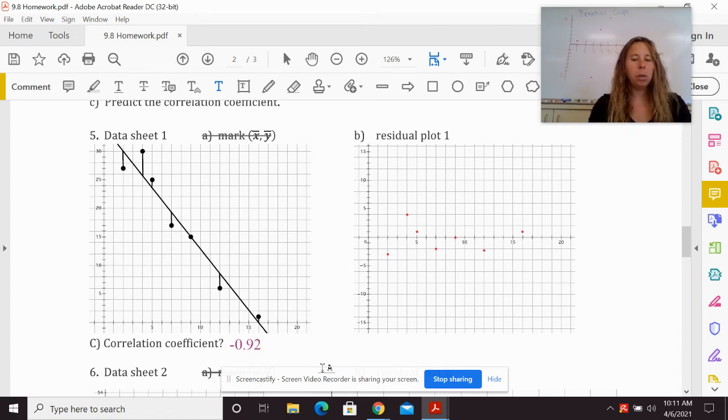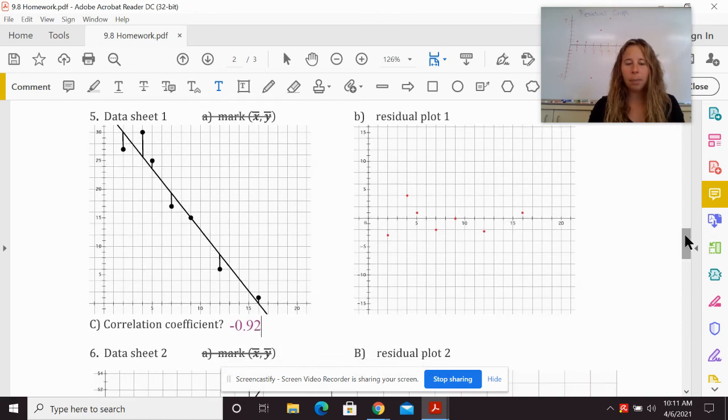Somewhere around negative 0.8 or negative 0.9 is what I'll be happy with. Definitely, it has to be negative. Anywhere between negative 0.8 and negative 0.9 is fine.